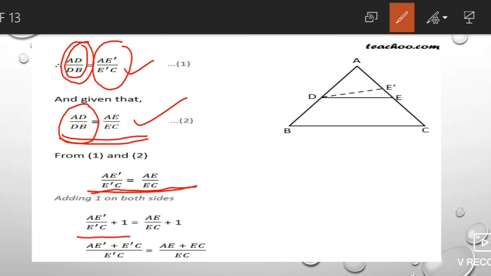Now add 1 on both sides. If you do the LCM, you will get AE dash plus E dash C by E dash C is equal to AE plus EC by EC. As you can see, AE dash plus E dash C is whole AC, right? Similarly, AE plus EC is again whole AC.